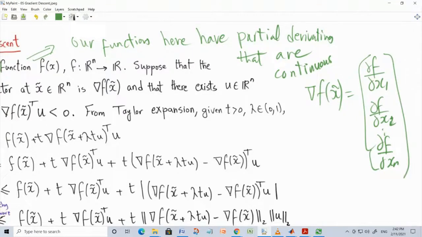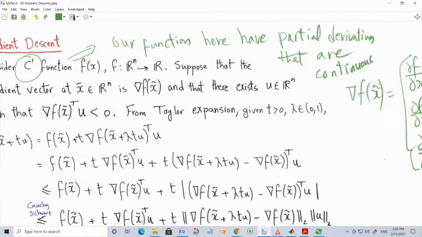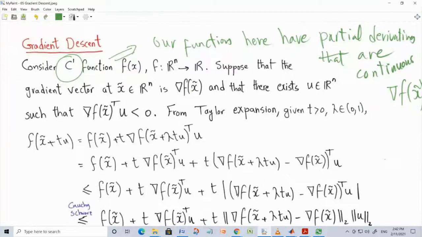So we want to talk about a very important property for those functions related to the gradient vector. You hear it in machine learning. Problems in machine learning are mostly optimization problems that are solved using gradient descent. Specifically, they are solved using stochastic gradient descent.